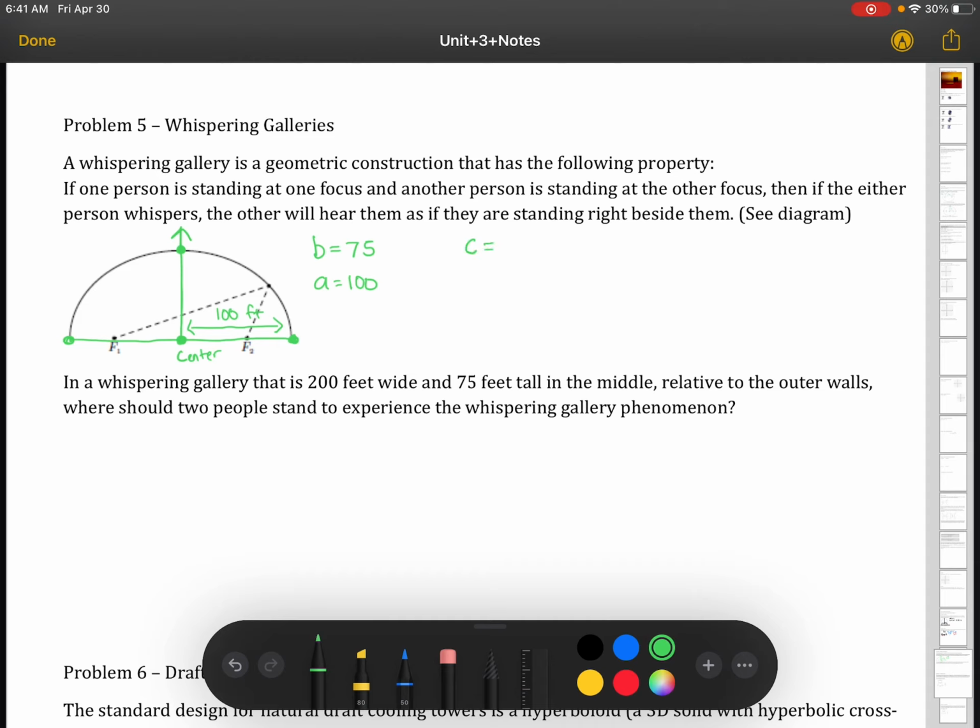So C is going to equal the square root of 100 squared minus 75 squared.